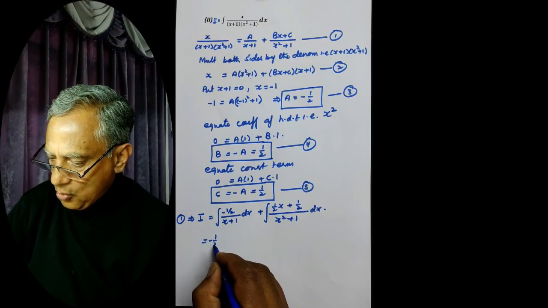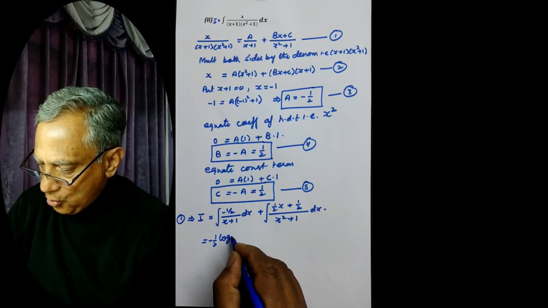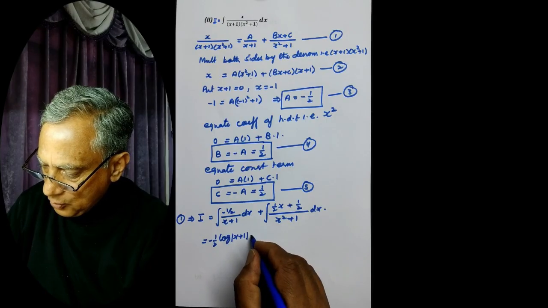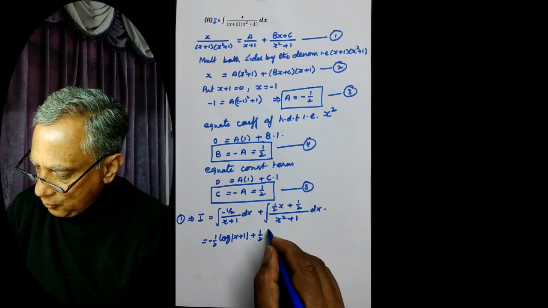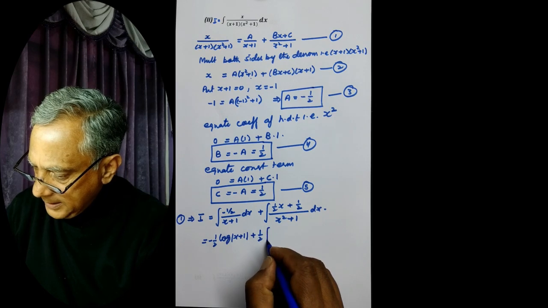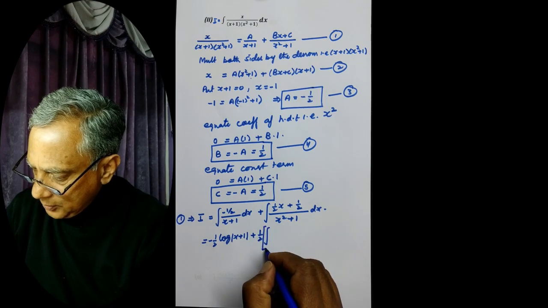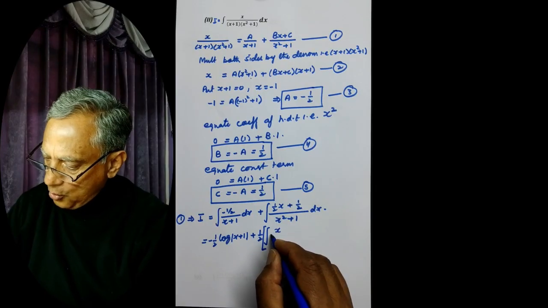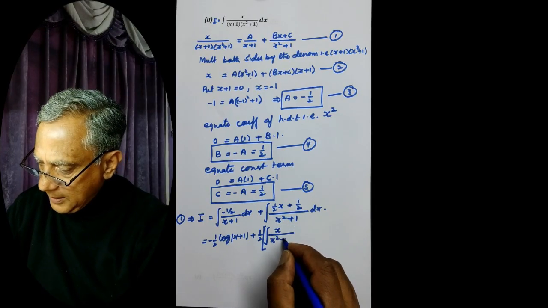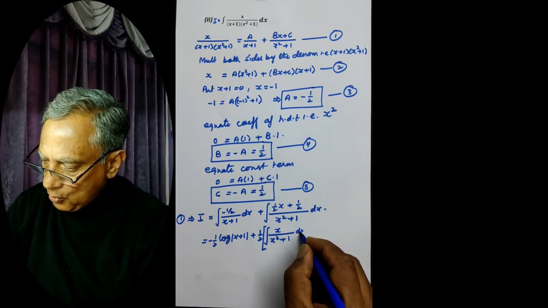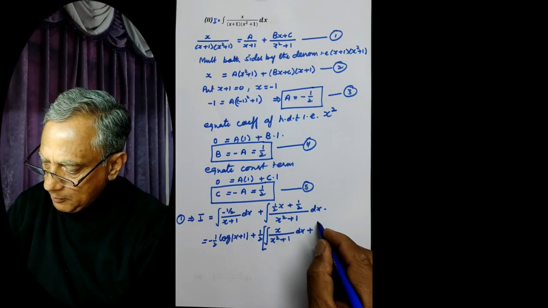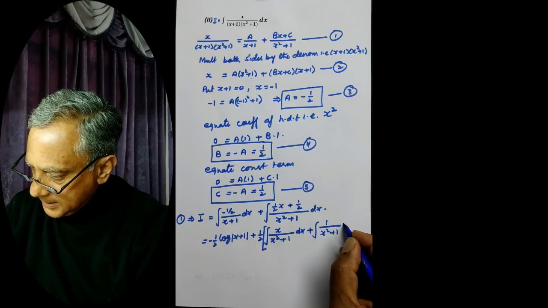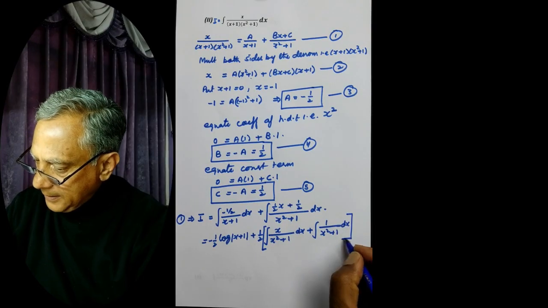This is equal to minus 1 by 2 log of x plus 1. Plus 1 by 2 is common, and we get. Now we will separate this into two terms. X over x square plus 1 dx plus integral 1 over x square plus 1 dx.